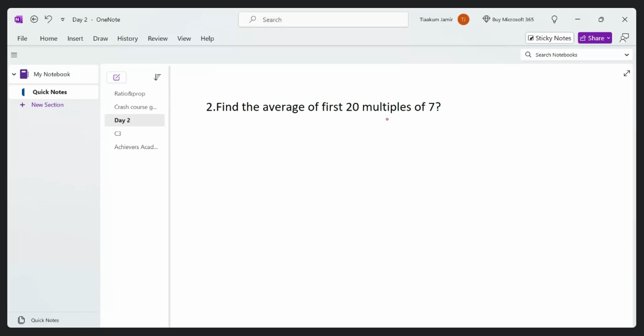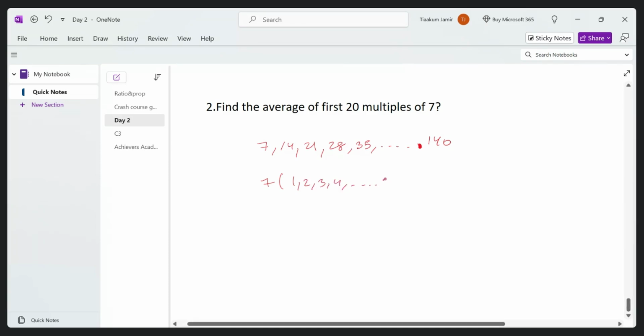Multiples of 7 mean 7 times 1 is 7, 7 times 2 is 14, 7 times 3 is 21, 7 times 4 is 28, 7 times 5 is 35, and so on till 7 times 20, which is 140. This will give us 20 numbers. We need to find the sum. You can do this because 7 is common, so 7 times (1, 2, 3, 4 up to 20).